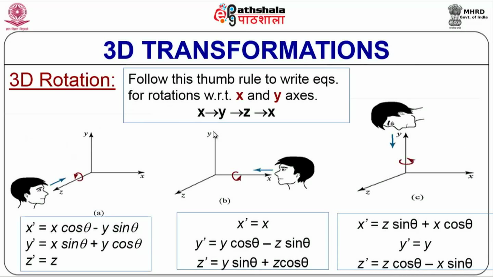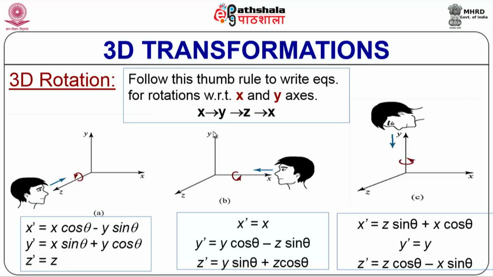Now, to derive matrices or equations for rotations about the other two axes, say x and y, you do not have to really derive equations, but rather with a thumb rule you can simply formulate the rotation transformation matrices for rotations about the remaining two axes, the x and the y. How can we do that?